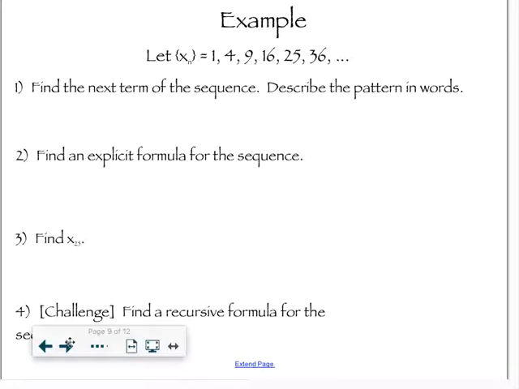No, so there's no y equals mx plus b here. So let me give you a moment, and there are several ways to look at this one. But do as much as you can, 1 through 4. If you can only do 1, that's okay.